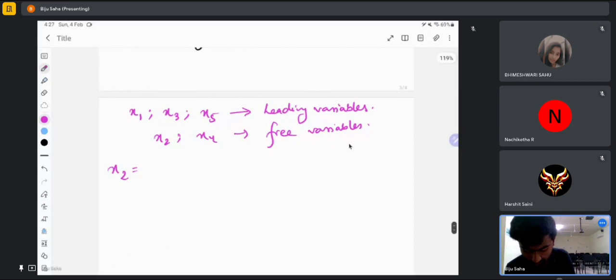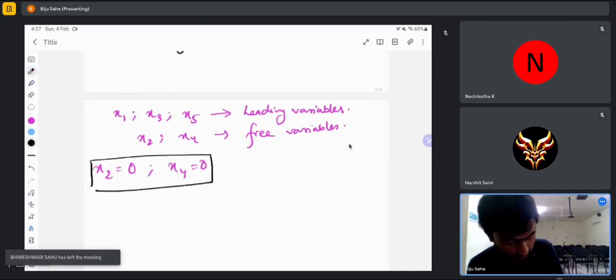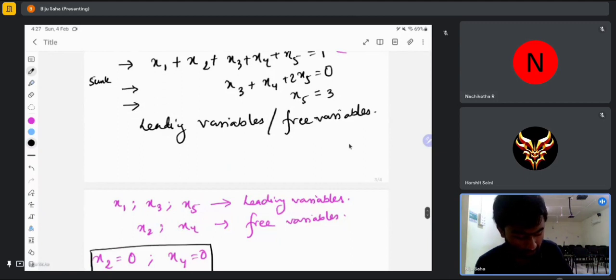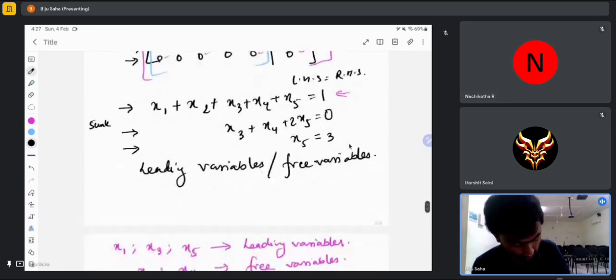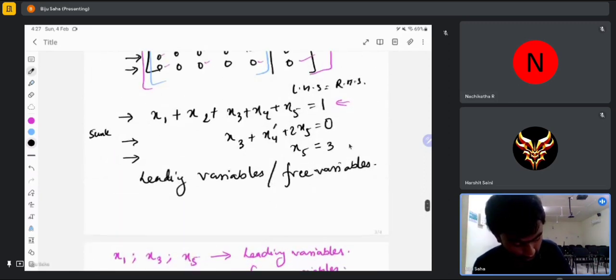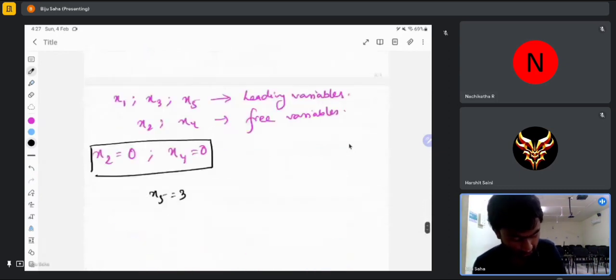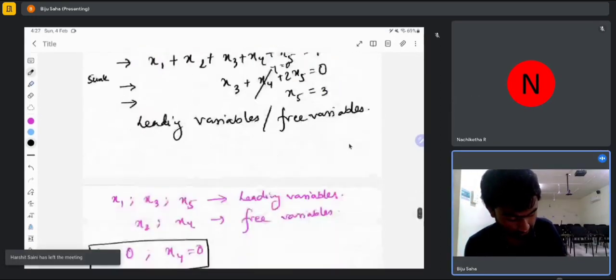So let me pick x2 equal to 0 and also x4 equal to 0, the simplest scenario. With these free variables, when you solve this, x5 is equal to 3. When you put x2 and x4 equal to 0, this goes down to 0, and x5 is already known to be 3, so x3 turns out to be minus 6.